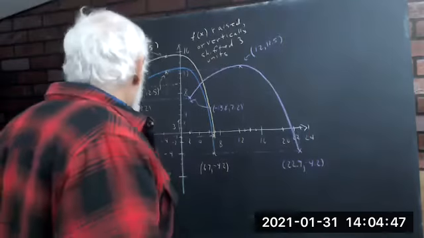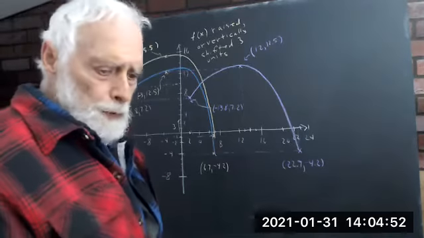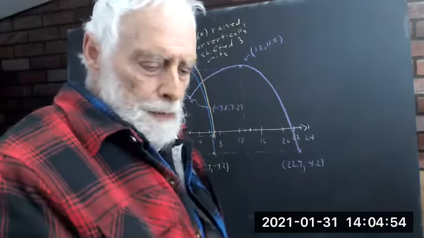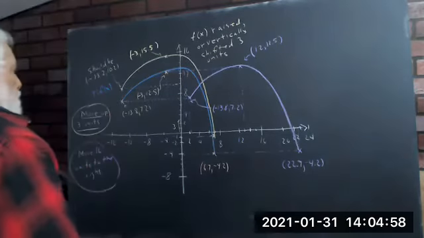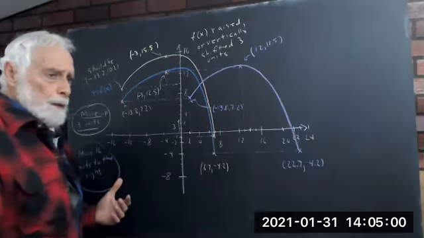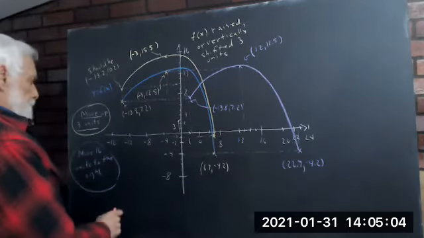Now I can do one more thing. I think I've got room to do this, so let's go ahead. Now I want to move every point twice as close to the x-axis.